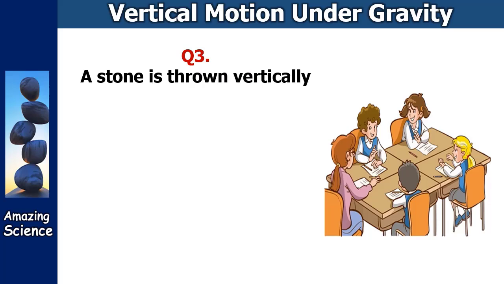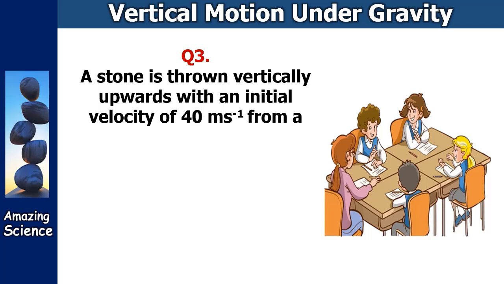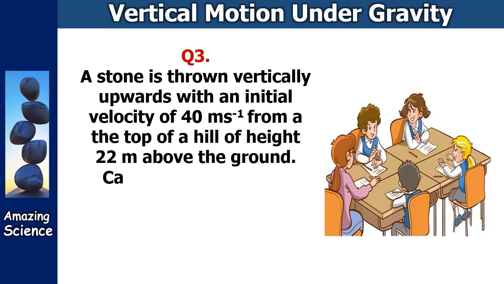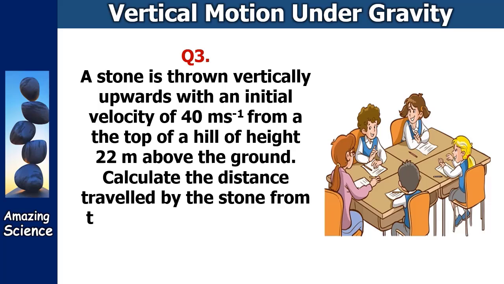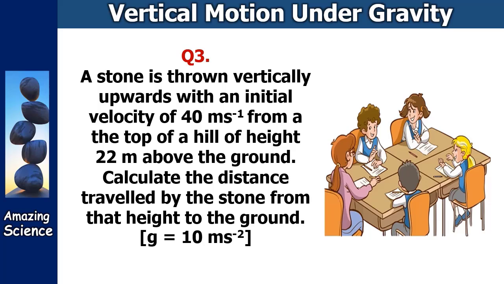It reads, a stone is thrown vertically upwards with an initial velocity of 40 meters per second from the top of a hill of height 22 meters. Calculate the distance traveled by the stone from that height to the ground.